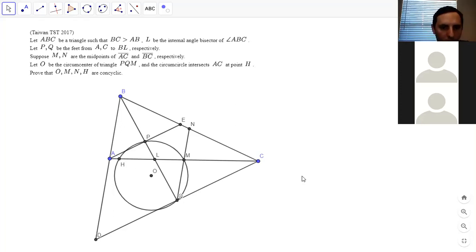So we know, what if we draw the perpendicular to ON?